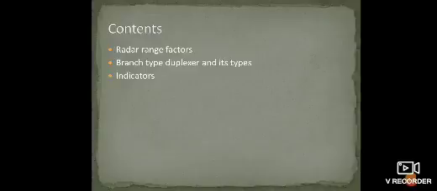Because it determines the maximum range at which any target can be detected, and it is also used to see radar performance changes. So what are the factors affecting radar performance? By having knowledge of radar range factors, we can also design a radar. These are the main things used in our radar range derivation.